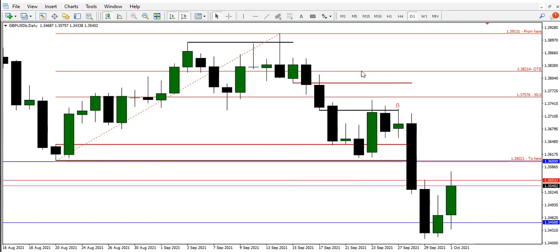So on a higher time frame, if you're looking at just the big figure, mid figure levels, you'd have 1.36, then 1.355, then 1.35, then 1.345, then 1.34, and so on. When you drop to a lower time frame, you'll see why I looked at 1.345 and why it's outlined on this chart. So we did get that sell-off happening.